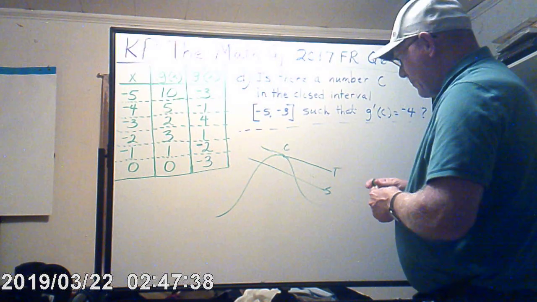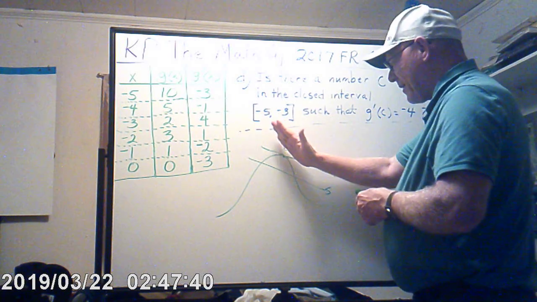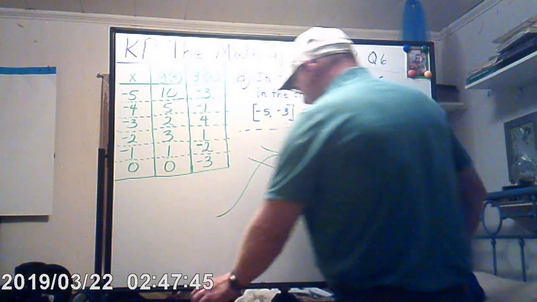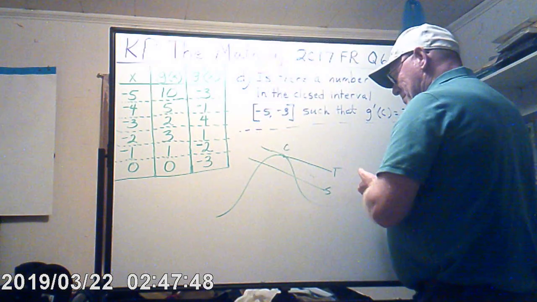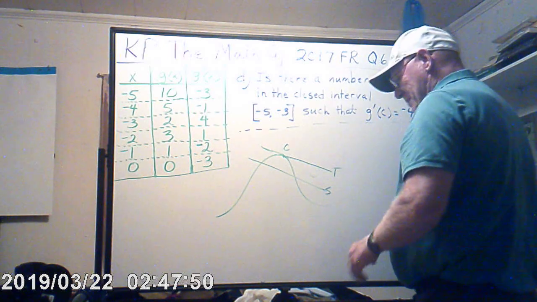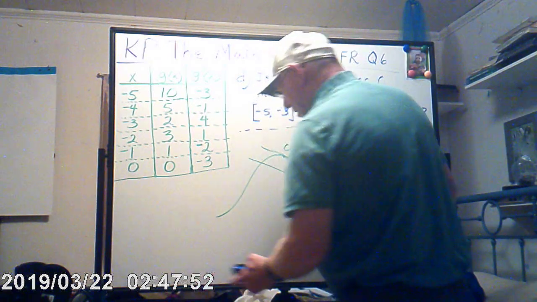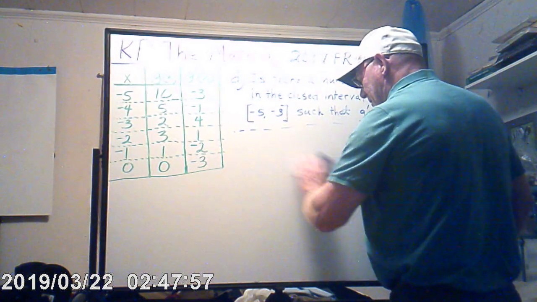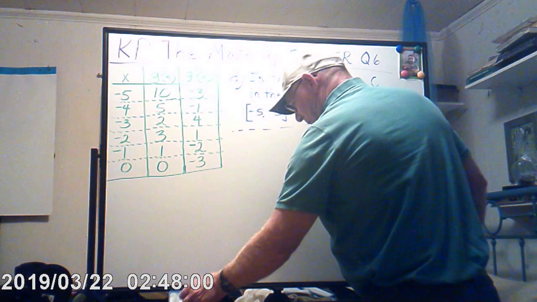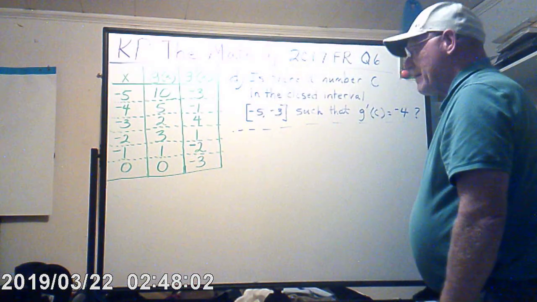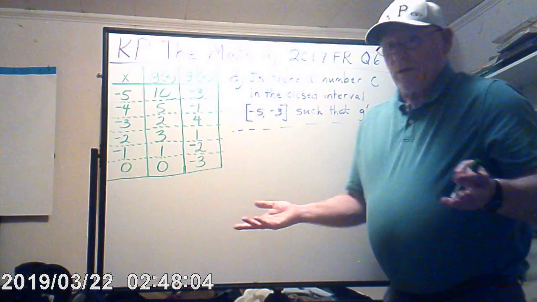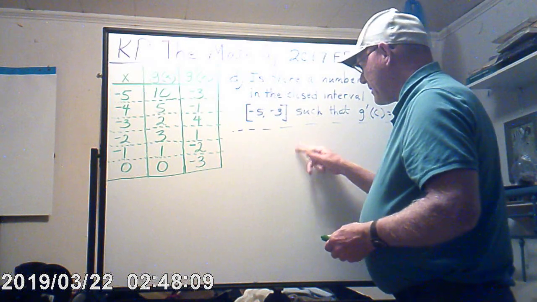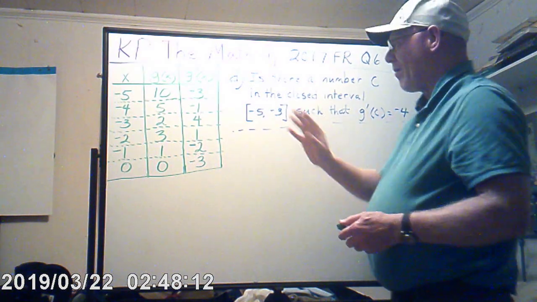Well, first of all, it would have to be a lot steeper than that to be -4, but you have the idea. The lines must be parallel. The slopes must be the same. Is the slope of the secant line equal to the slope of the tangent line? Is there a C somewhere in there that would make that true? There may be more than one, but we are interested in just seeing if there's one at all.